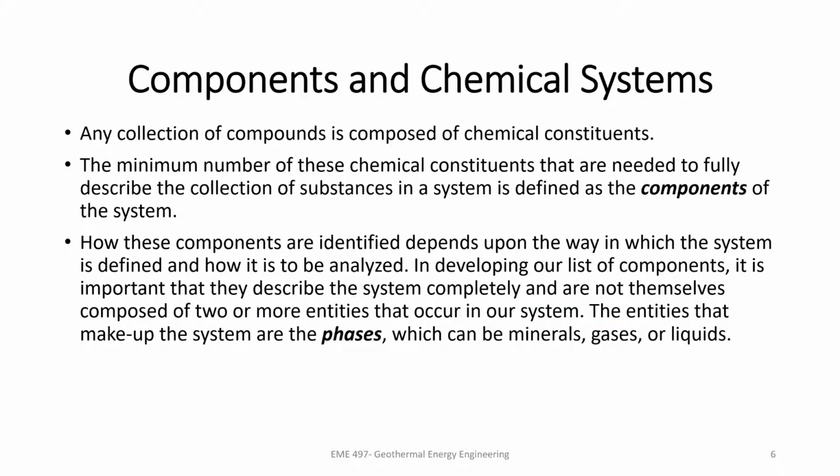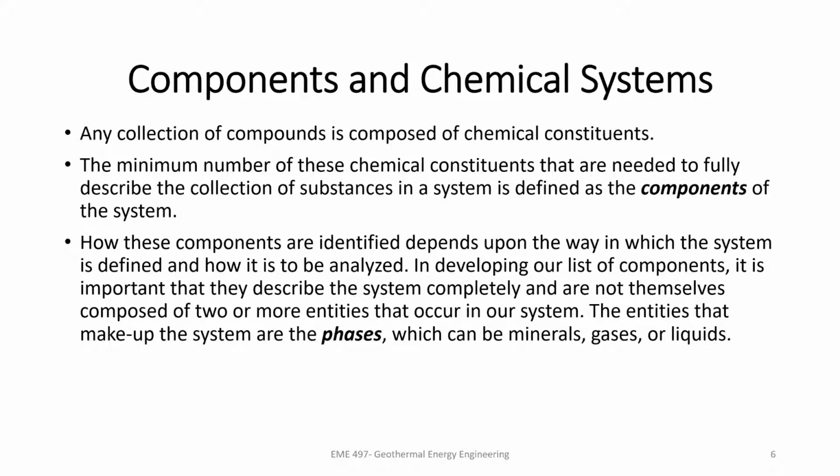Any collection of compounds is composed of chemical constituents, whether they're metals, mixed gases, or liquids. The minimum number of these chemical constituents that are needed to fully describe the collection of substances in a system is defined as the components of the system.